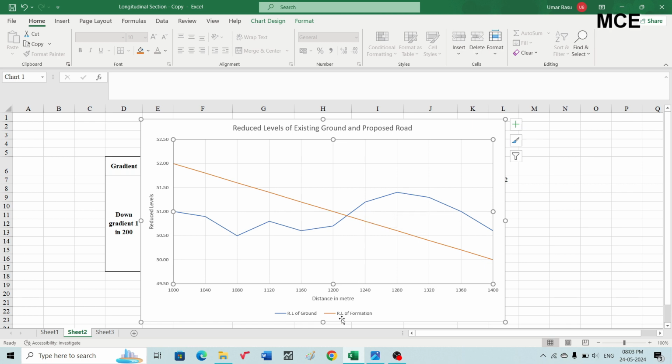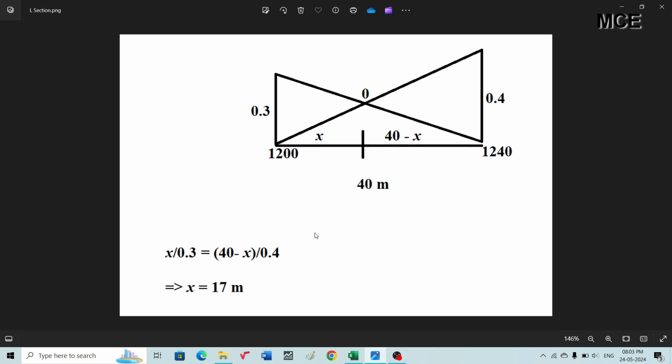So you will simply make a triangle like this, and we will get two triangles. The total distance between them is 40 meter.